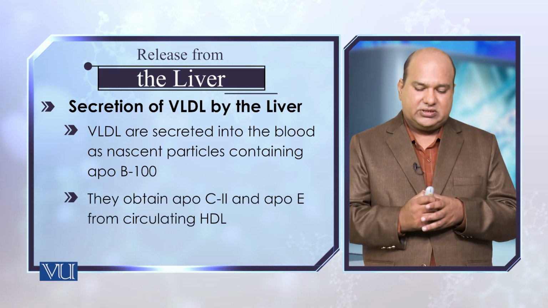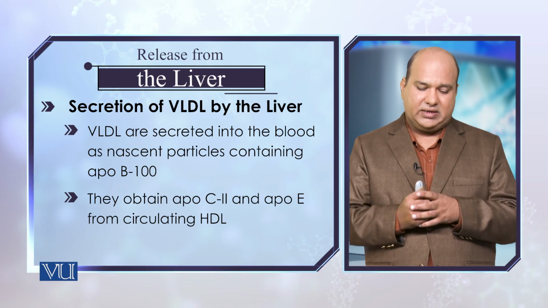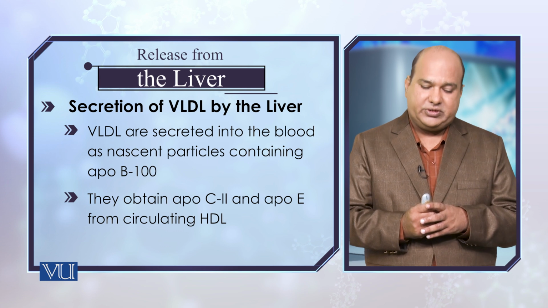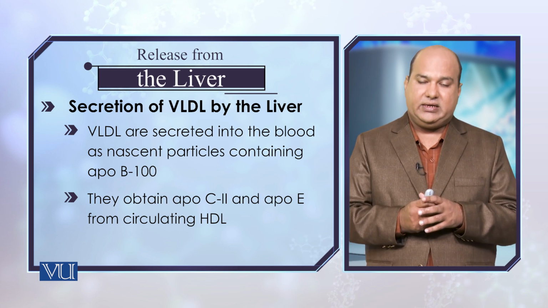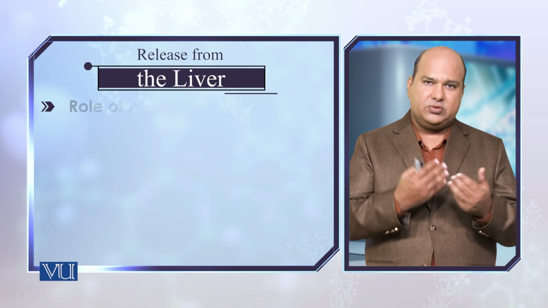During its passage in the blood, moving from one part of the body to the other, it obtains two other apolipoproteins, ApoC and ApoE, from HDL. This is what I have already told you.